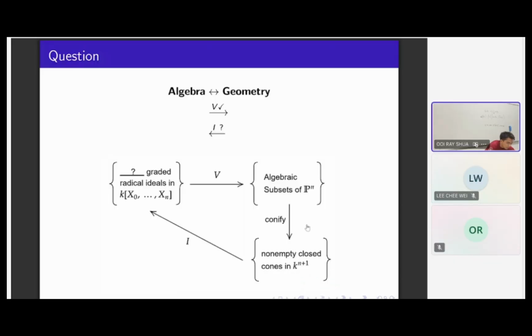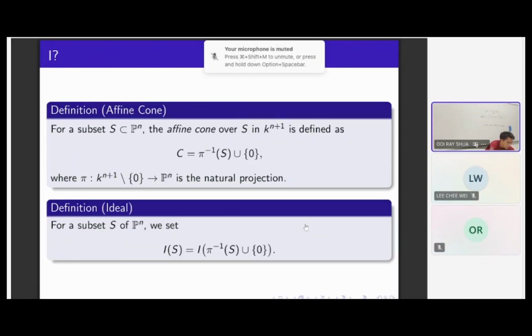So essentially what I did just now is what this is saying. The pi defined earlier is how we identify the affine space in a higher dimension with the projective space with one dimension less below.